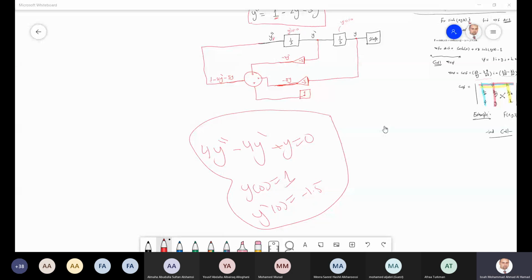Okay, very good. أي أحد عنده مشكلة بالحل for this differential equation? Any problem? خلاص?